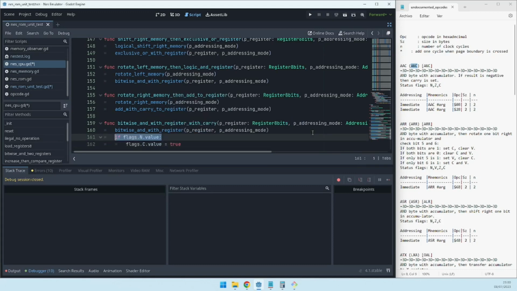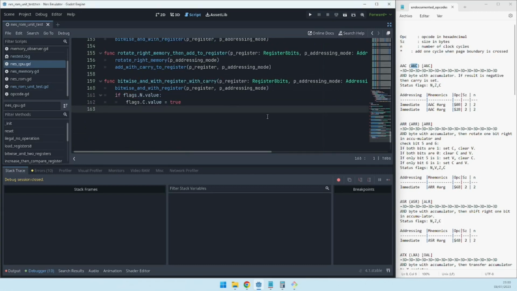So the idea is, if it is not negative, I don't change it. So if it was false, I keep it false. If it was true, I keep it true, unless negative is set. I think that is the idea.